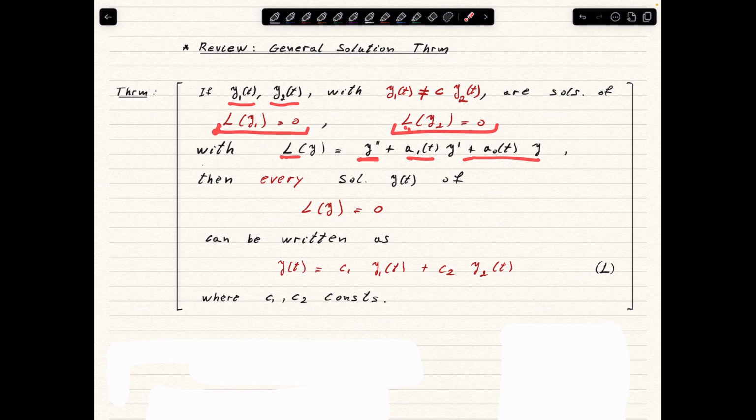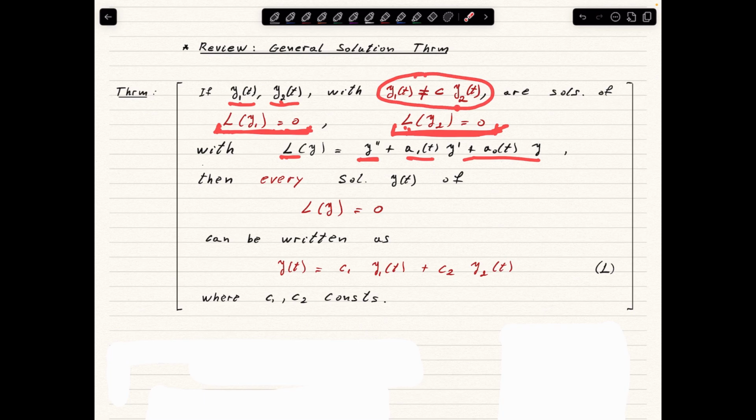So the assumption so far is y1 and y2 are solutions of the same second order linear differential equation, and on top of that, suppose that these two functions are not proportional to each other.